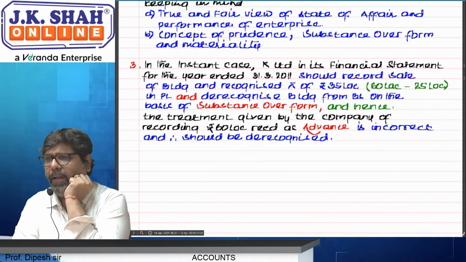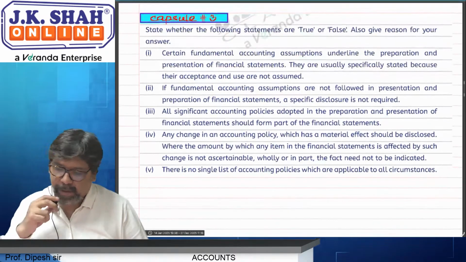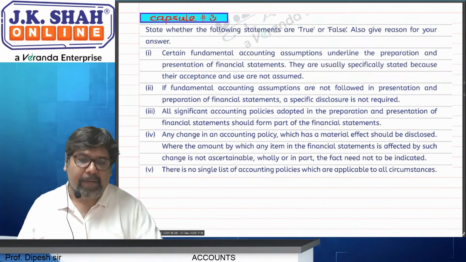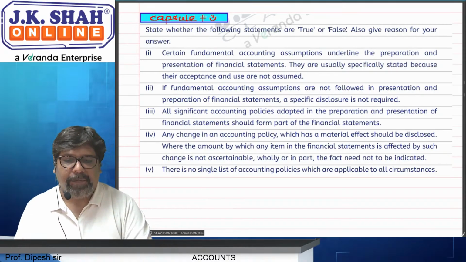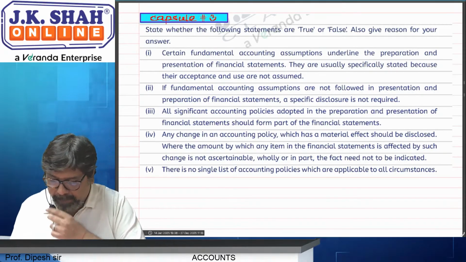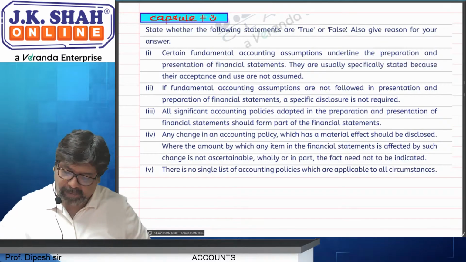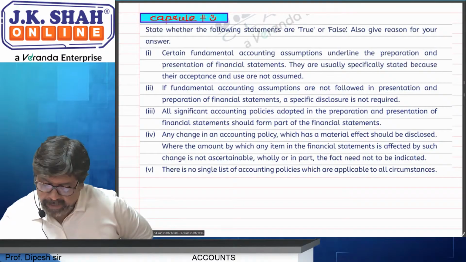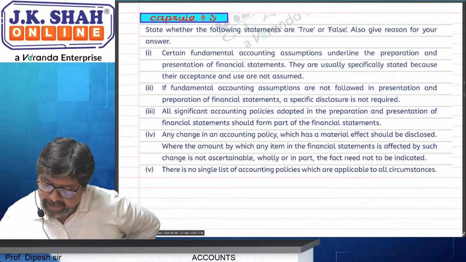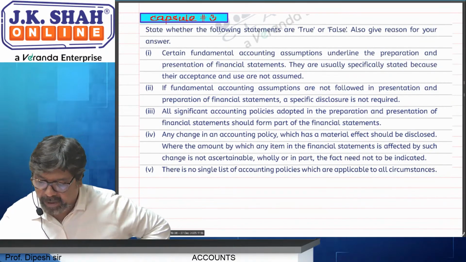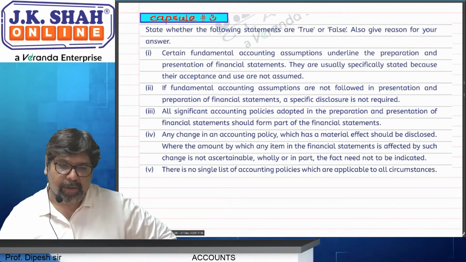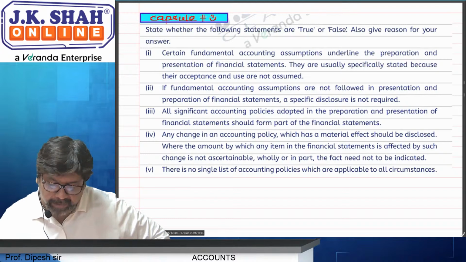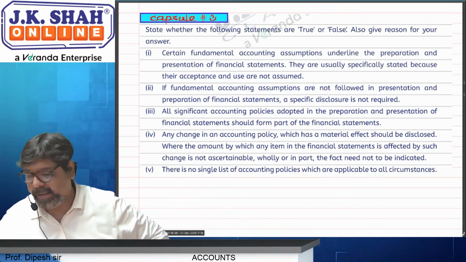State whether the following statements are true or false. Also give reason for your answer. Certain fundamental accounting assumptions underline the preparation of presentation of financial statement.